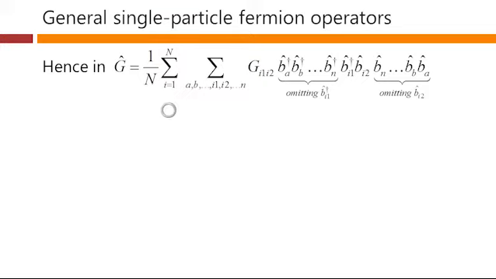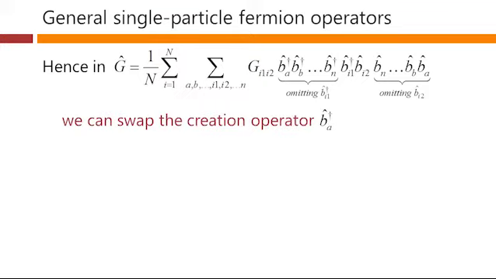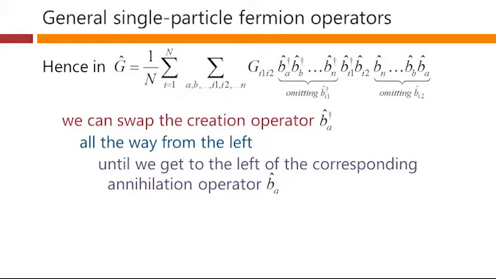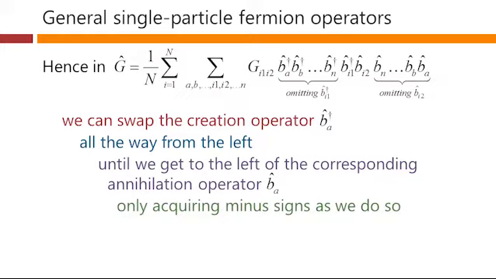Hence, in this overall expression we'd written down before, we can swap the creation operator b a dagger all the way from the left until we get to the left of the corresponding annihilation operator b a over here. And as we do that, we will only acquire minus signs as we do those various swaps.